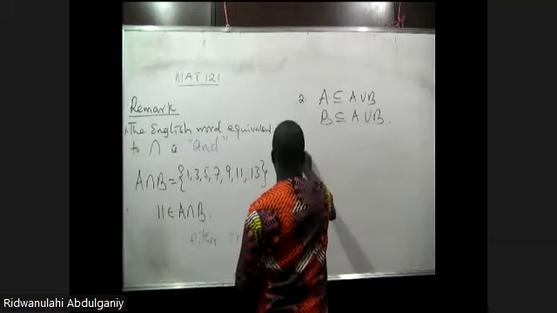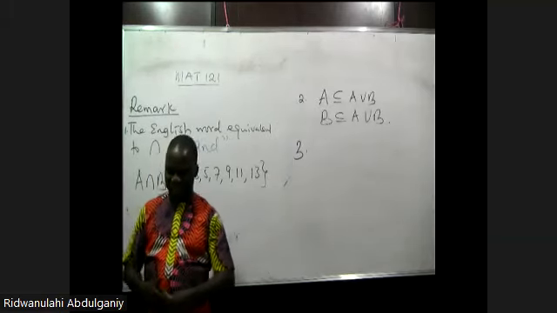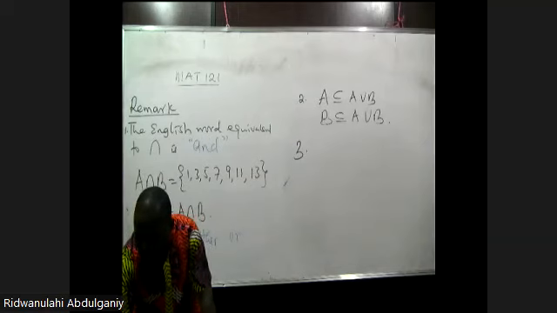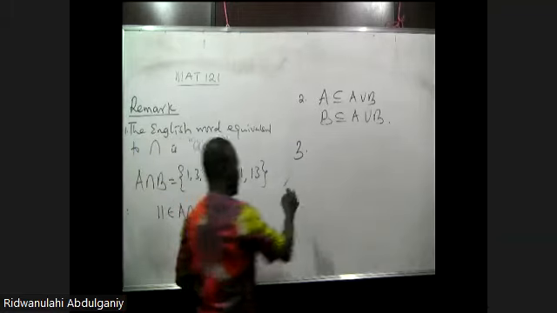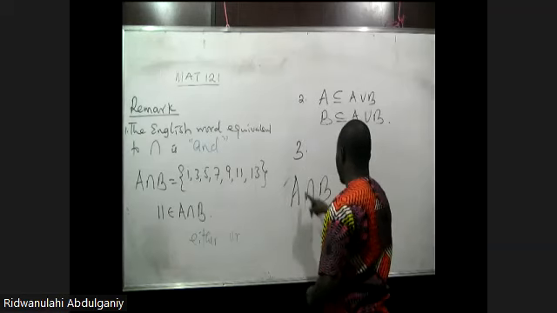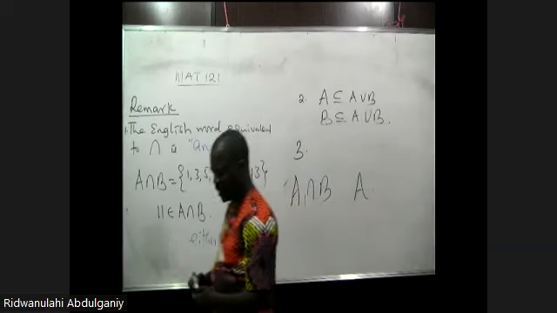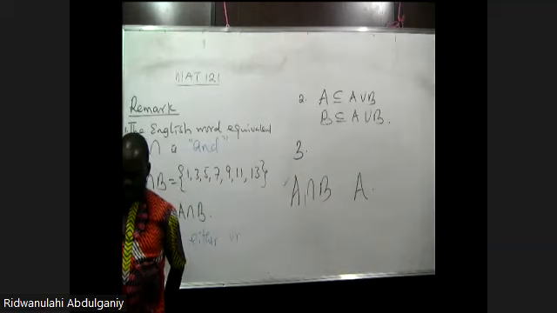Number three, which set is larger? A intersection B or A? I have A intersection B and I have A. Which of these two sets is larger? A is larger.